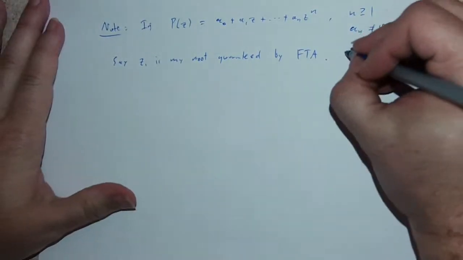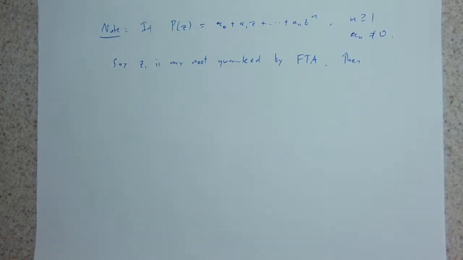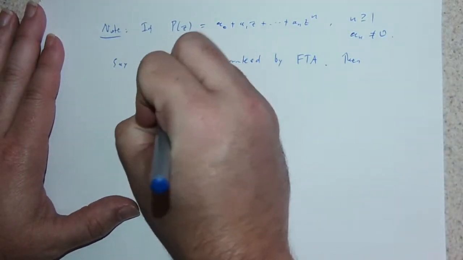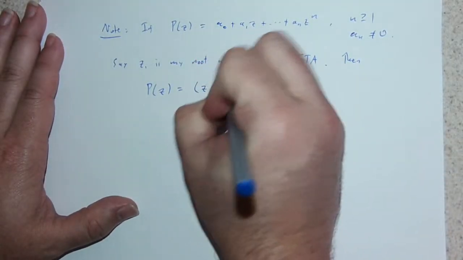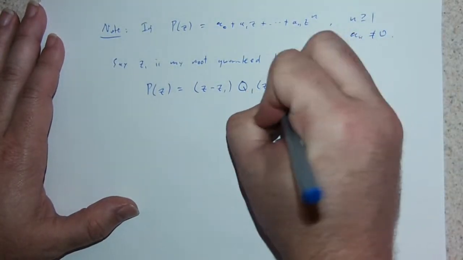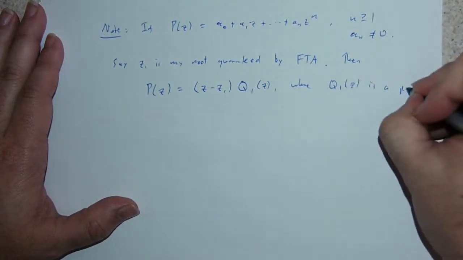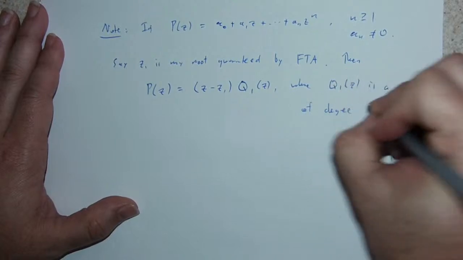Well, then I can factor this. I won't go through the justification of this. It might show up as an exercise, or as a problem on your next midterm. Then we can show that P of z is z minus z sub 1 times q sub 1 of z, where q sub 1 of z is a polynomial of degree n minus 1.